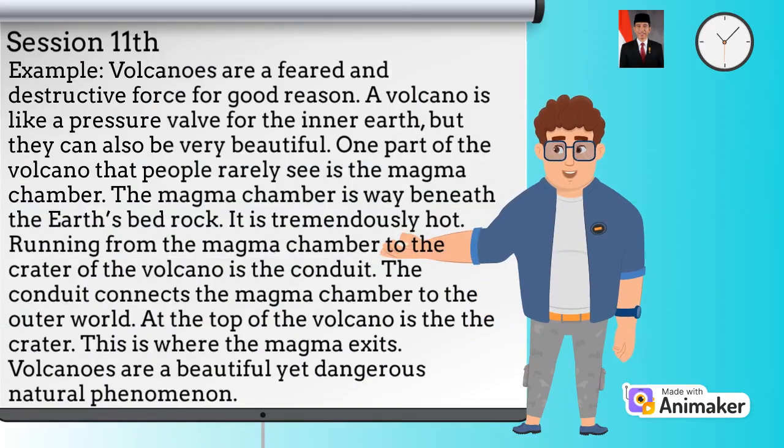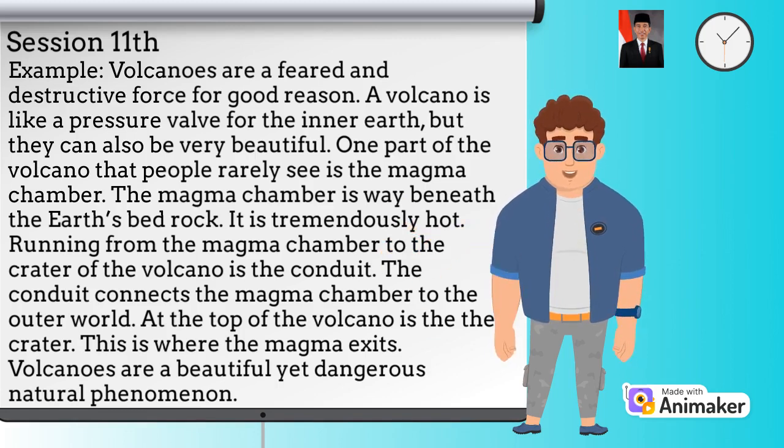Example: volcanoes are a feared and destructive force for good reason. A volcano is like a pressure valve for the inner earth, but they can also be very beautiful. One part of the volcano that people rarely see is the magma chamber. The magma chamber is way beneath the Earth's bedrock.